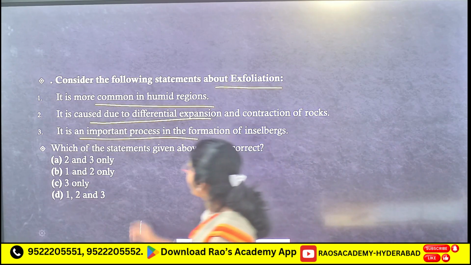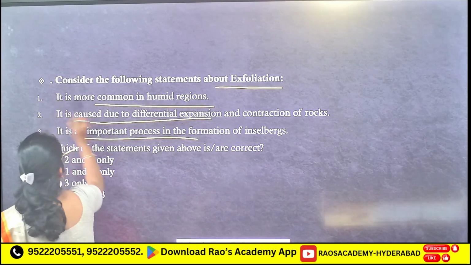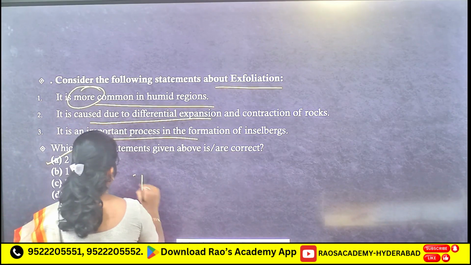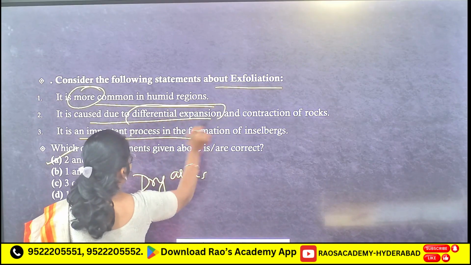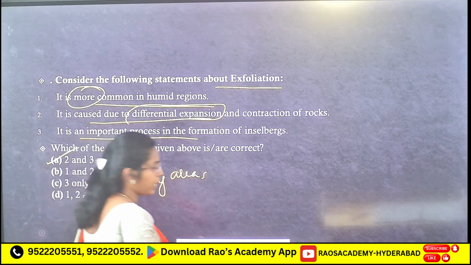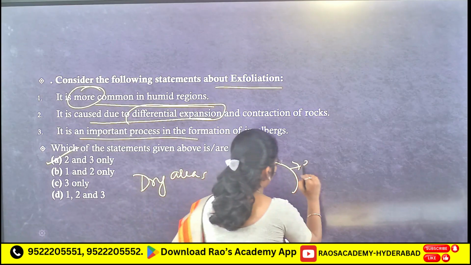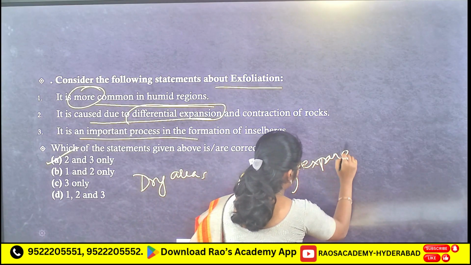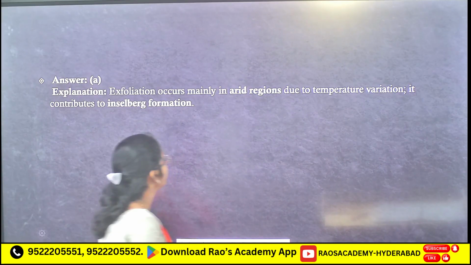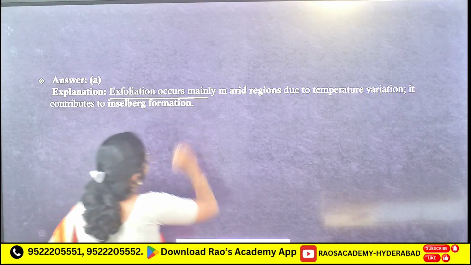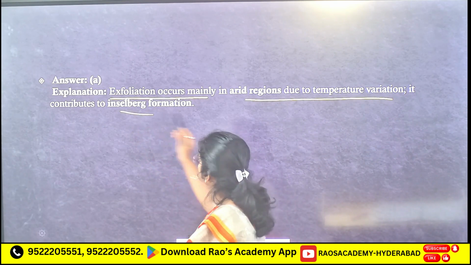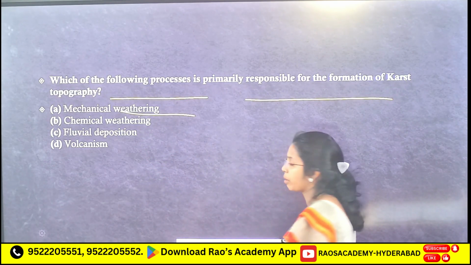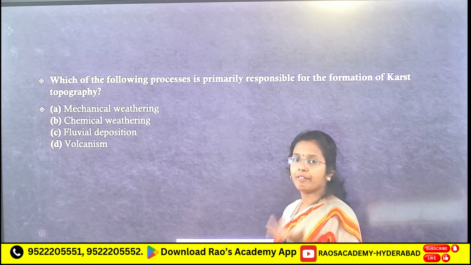Actually, 2 and 3 is the answer. It is not common in humid areas; it is common in dry regions, because of differential expansion, where outer layers expand. Exfoliation occurs mainly in arid regions due to temperature variations. It contributes to inselberg formation, which we are going to learn in wind landforms.